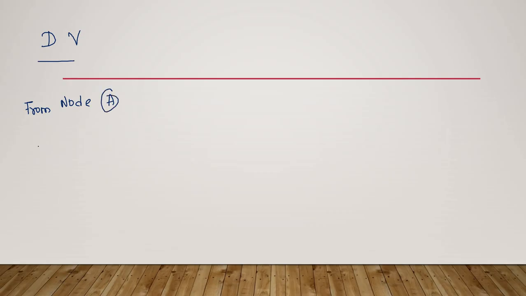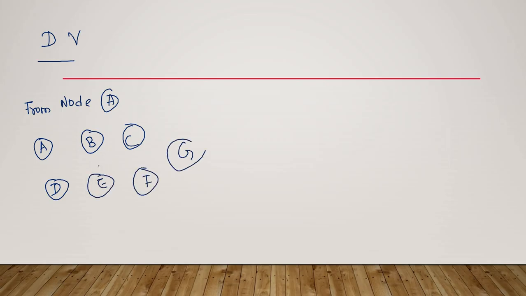The same example I have taken: A, B, C, D, E, F and G. This is the least cost tree from A. We can refer to the previous video for the least cost routing. The values are 0, 2, 7, 3, 6, 8 and 9.